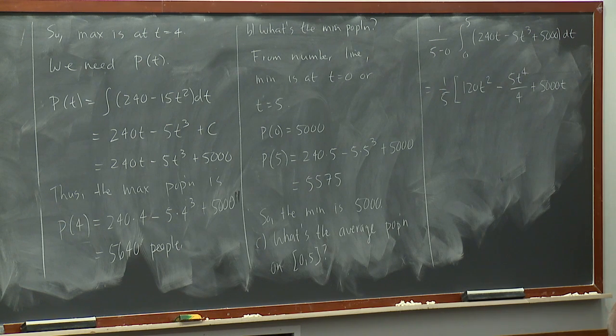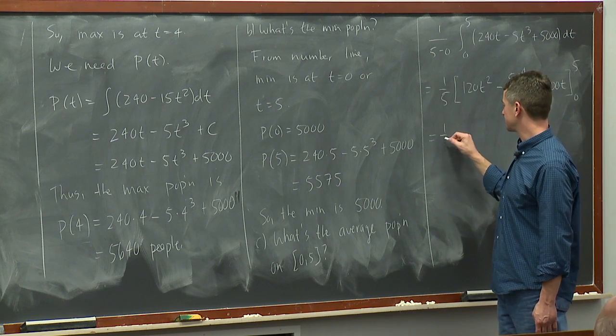And could I put a plus c in there if I wanted to? Yes, because we're allowed to put any antiderivative we want. We're going to plug in the 5 and then plug in the 0 and subtract, right? So you get a plus c and then subtract the same plus c. So to make our lives easy, we just leave the c as 0.